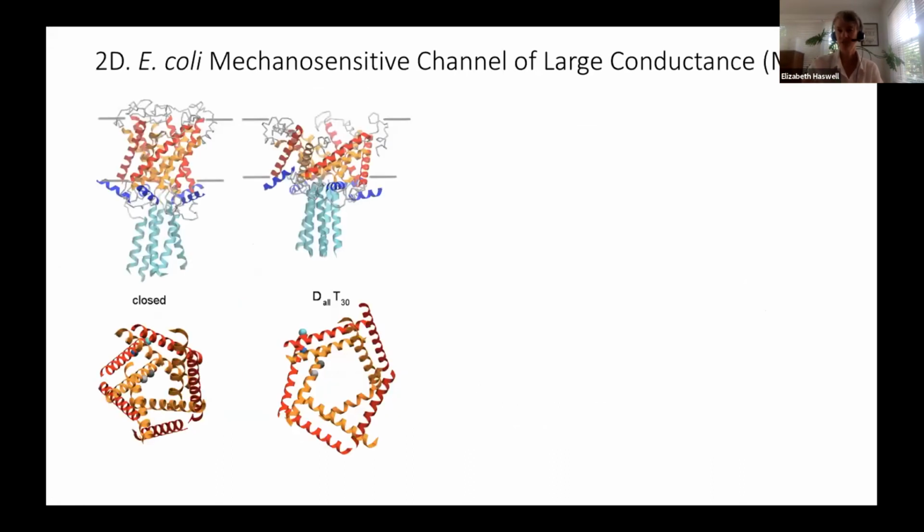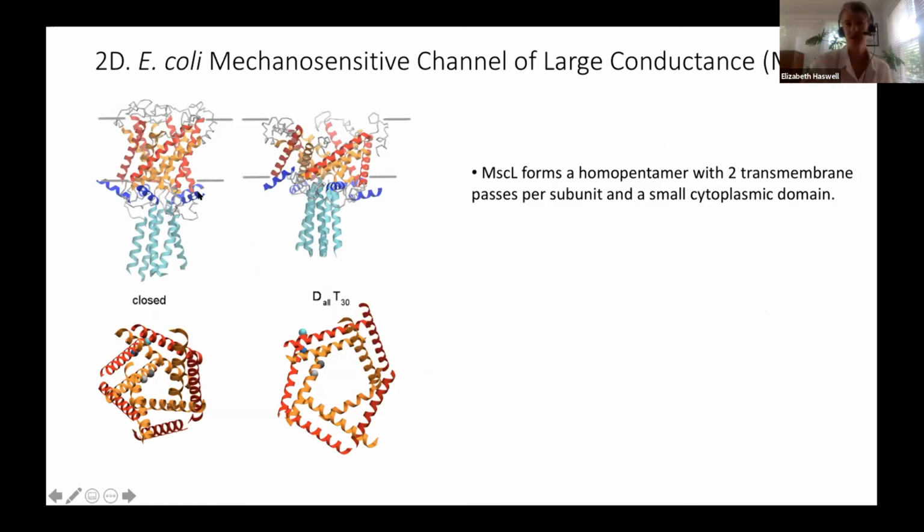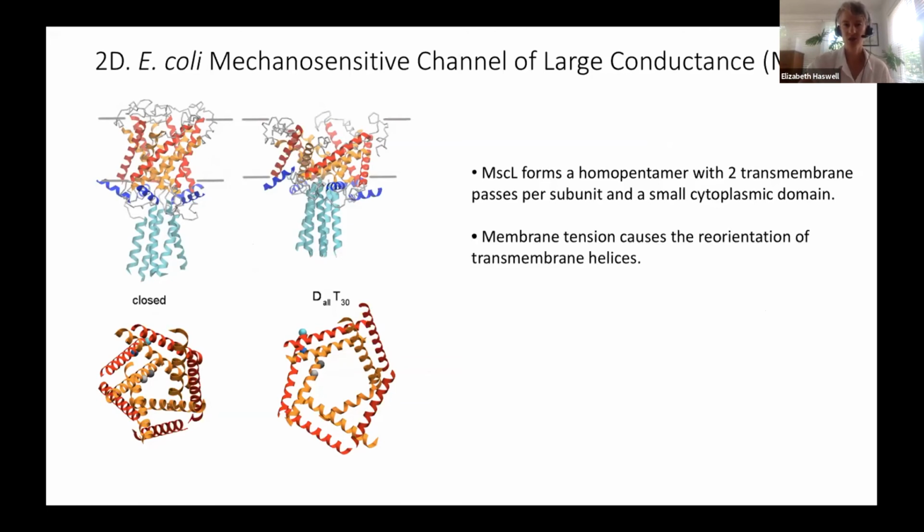One example of that is this ion channel I was just telling you about, the mechanosensitive channel of large conductance. You can see here a cross section of the crystal structure in the closed state and in the open state. These gray lines indicate where the membrane is. I think you can see that transmembrane tension, moving from the closed state on the left to the open state on the right, causes these transmembrane helices to reorient.